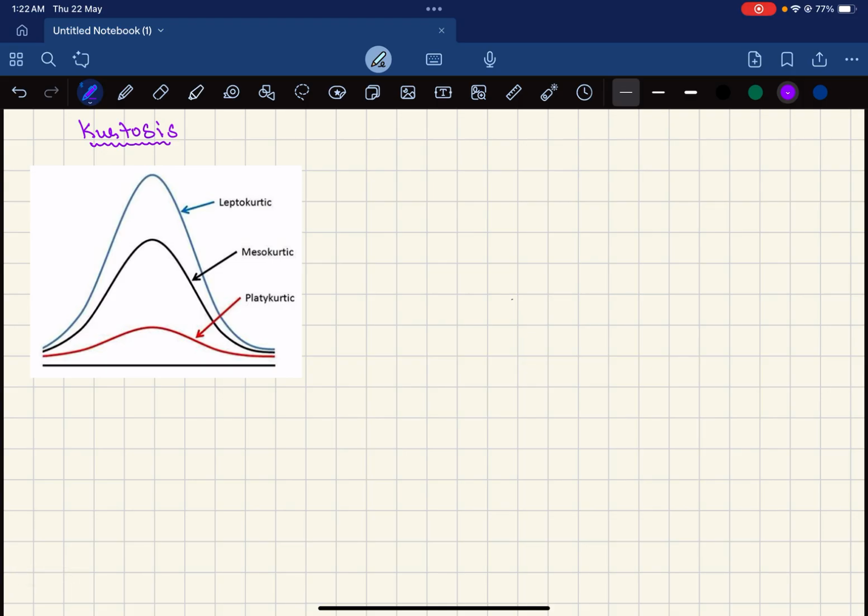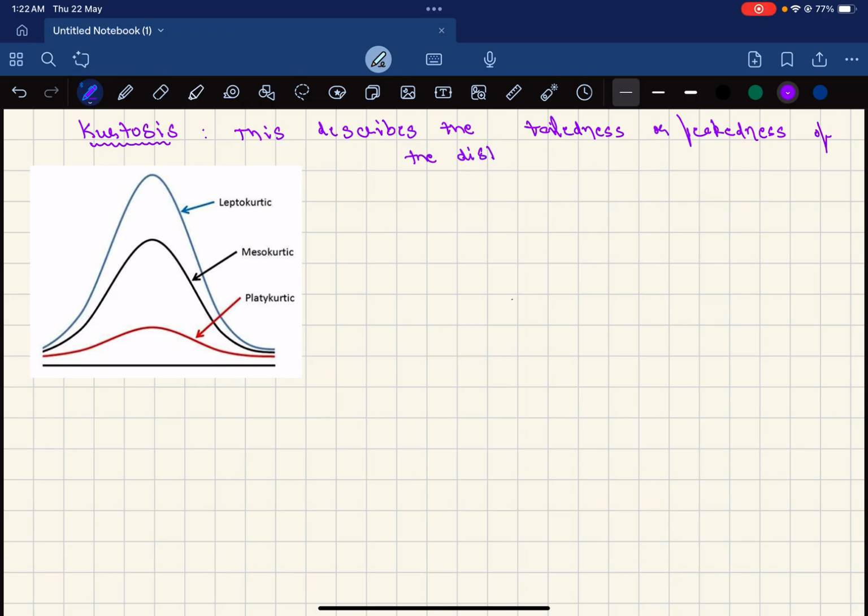So this is called the kurtosis of a distribution, and just like skewness was the measure of asymmetry, this describes the tailedness or peakedness of the distribution.